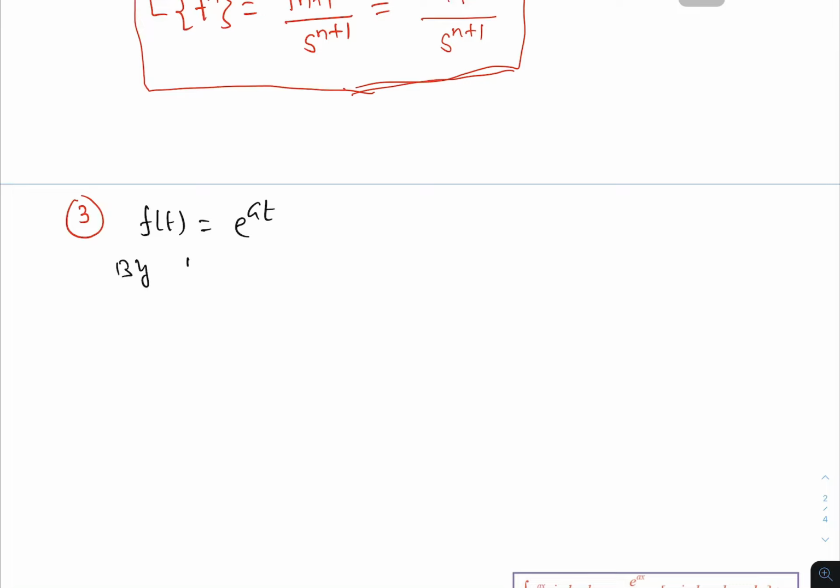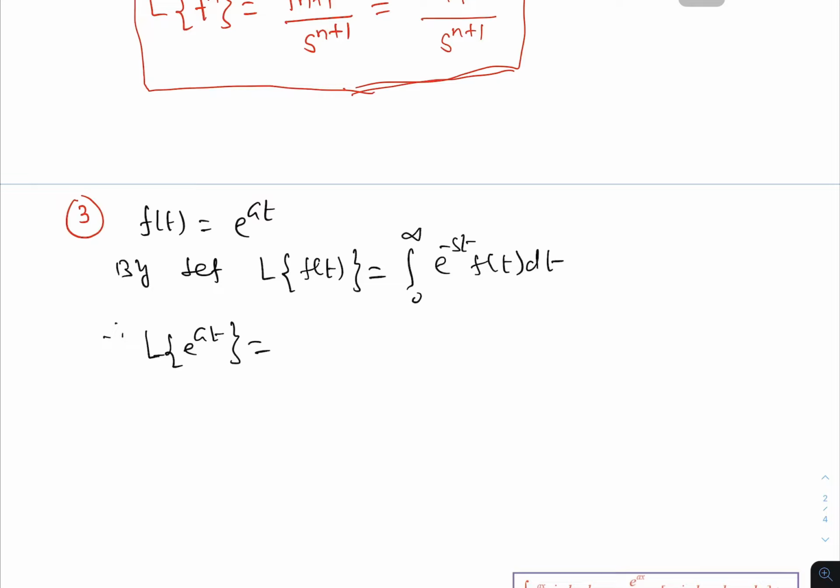So by definition, the Laplace transformation of f(t) is equal to the integration from 0 to infinity of e power minus st f(t) dt, and therefore the Laplace transformation of e power at is equal to the integration from 0 to infinity of e power minus st into e power at dt.